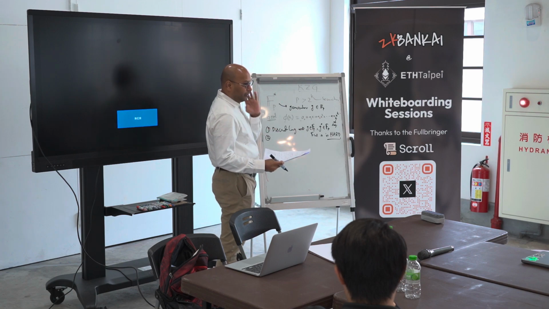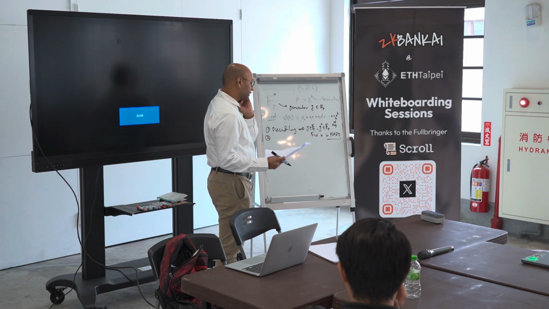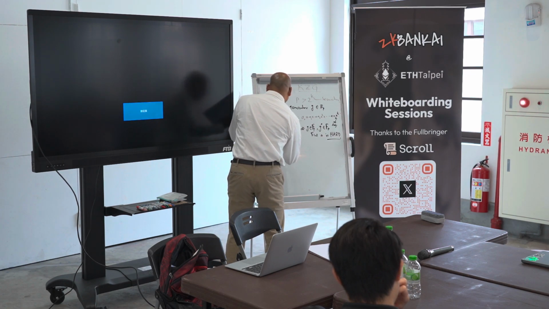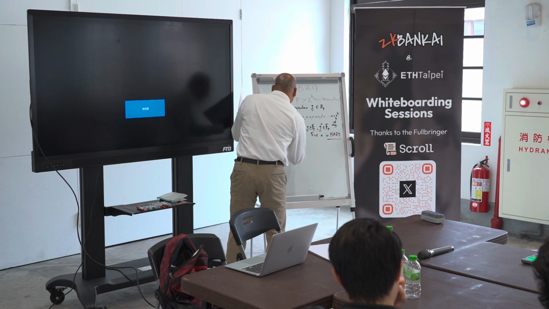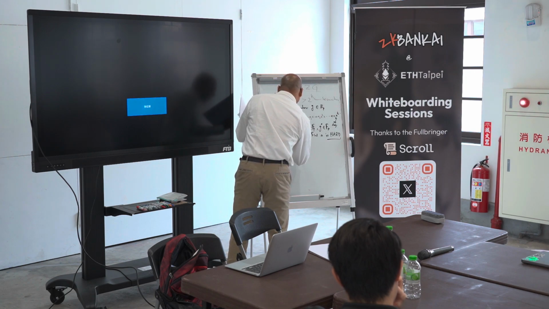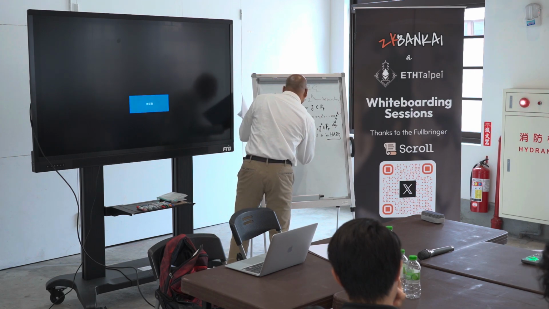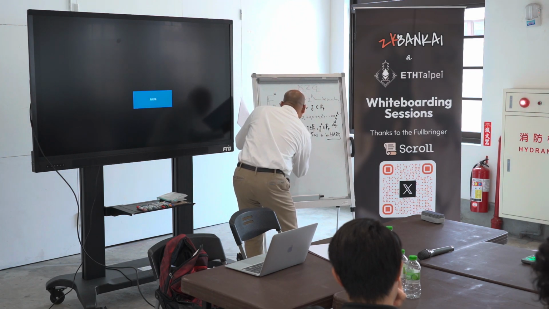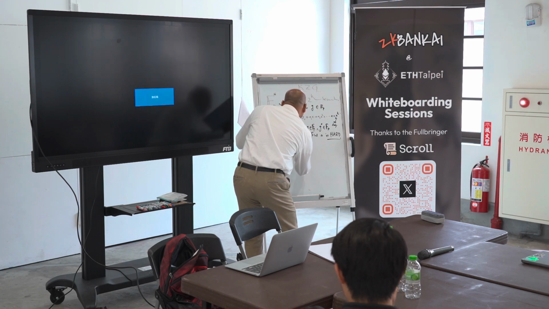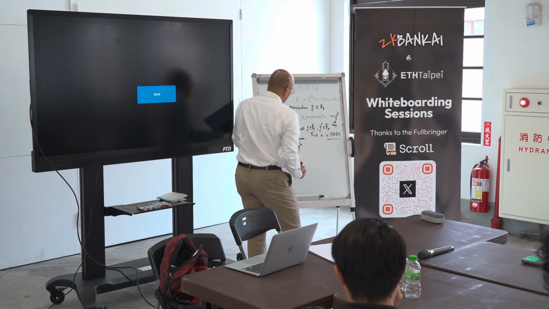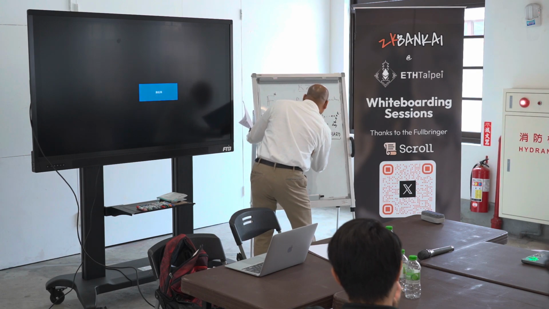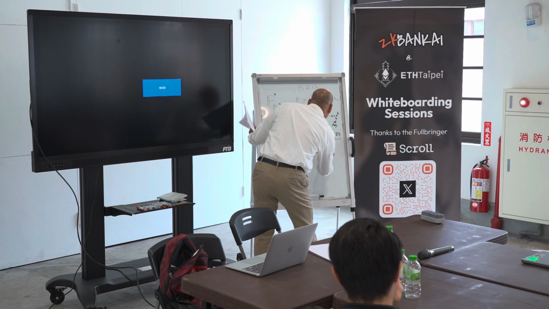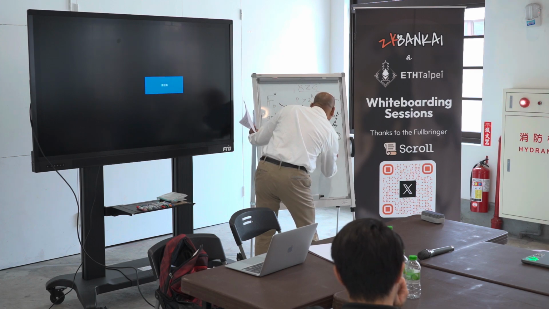And then the second assumption we need for KZG from a cryptographic perspective is a strong DDH, which basically means if we know g^a and g^b, then g^ab is basically indistinguishable.